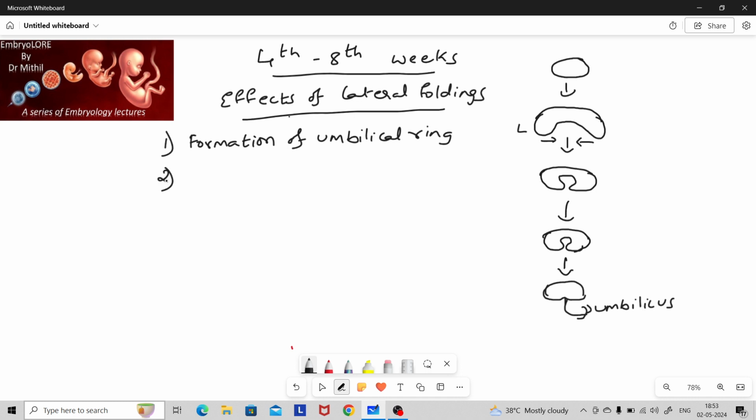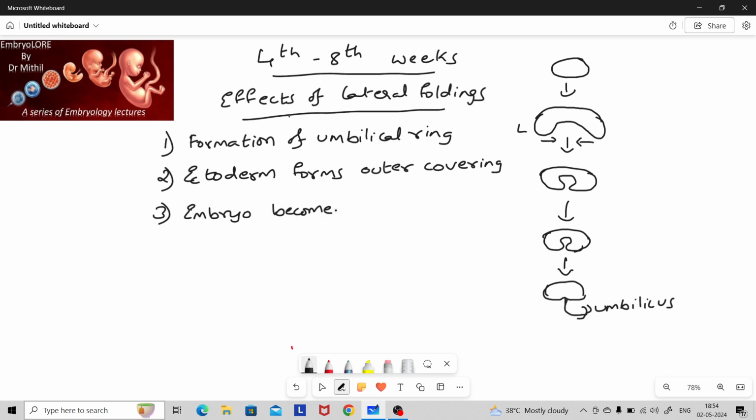And secondly, the ectoderm forms the outer covering. So let us make a note: ectoderm forms the outer covering, and now the embryo becomes fully surrounded by the amniotic cavity.